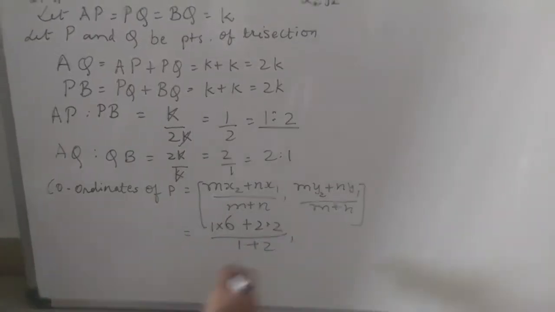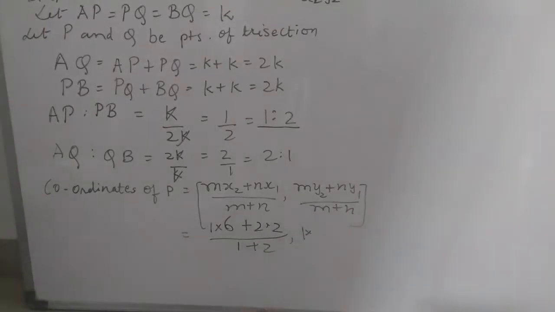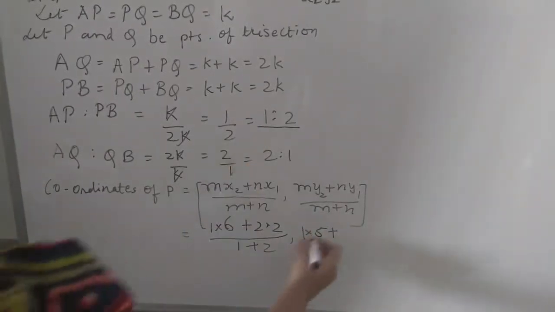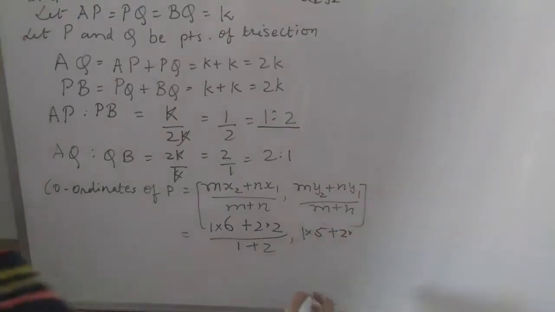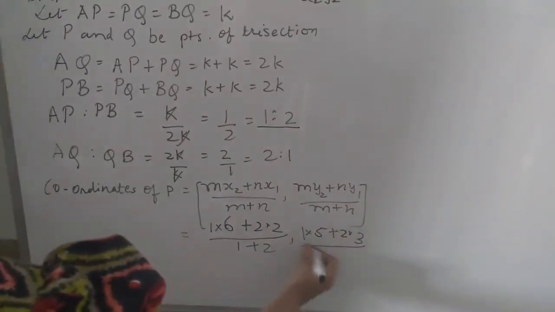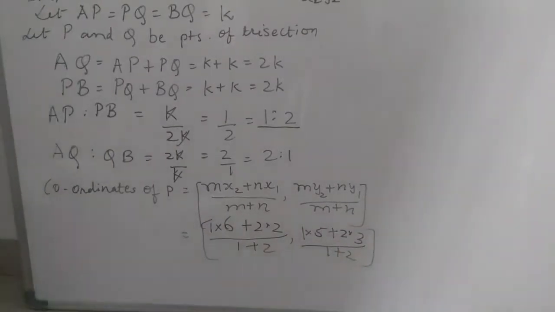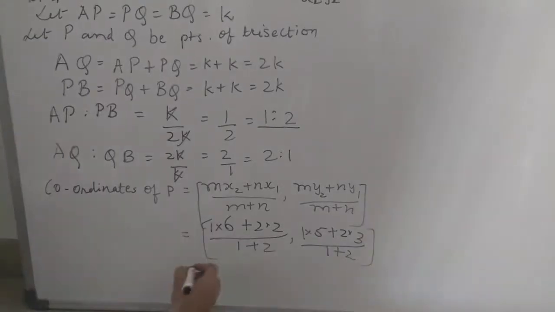Similarly here m is 1, y2 is 5, plus n is 2 and y1 is 3, divided by 1 plus 2. These x1, y1 and x2, y2 are already given in the question as the A and B coordinates.